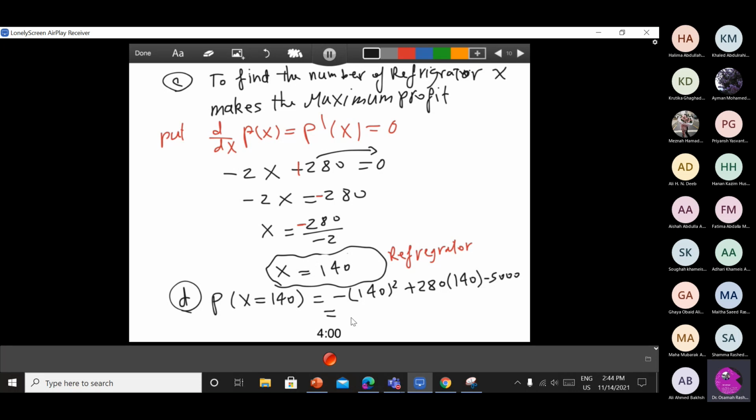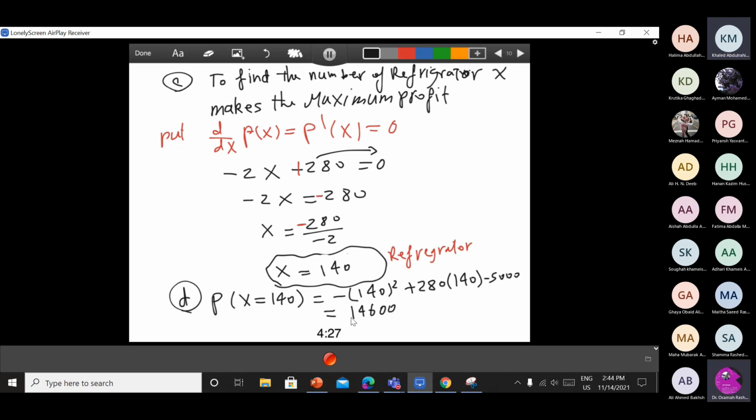So what is the value here? Does it take time to do it by the calculator? Doctor, 14600.